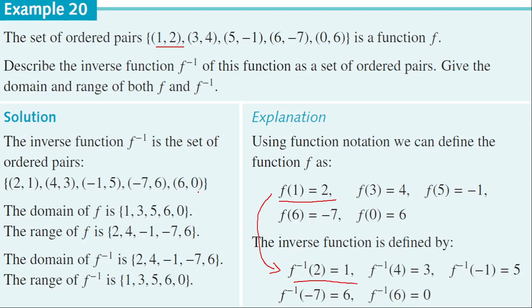And from reading the coordinates, let's go back to the function f. You read the x values and you could list them in order. Actually no, just leave them the way they are at this stage, because it's an ordered pair. Just leave them as they are.